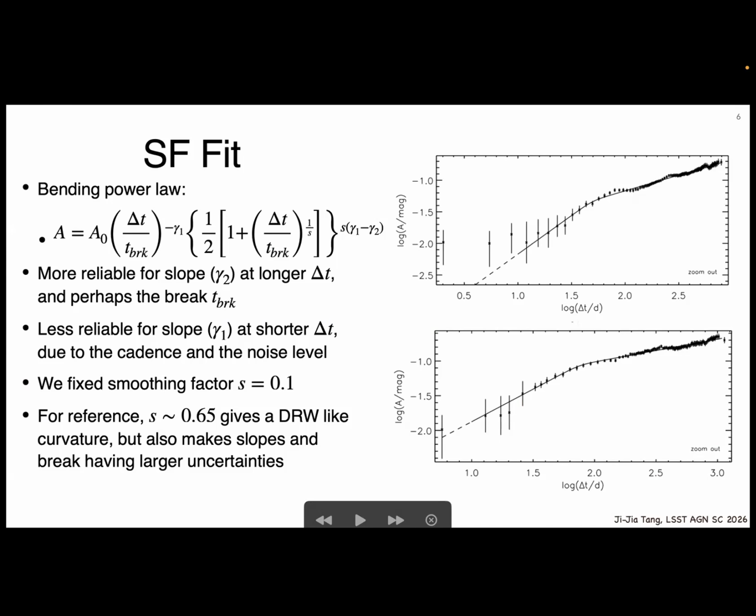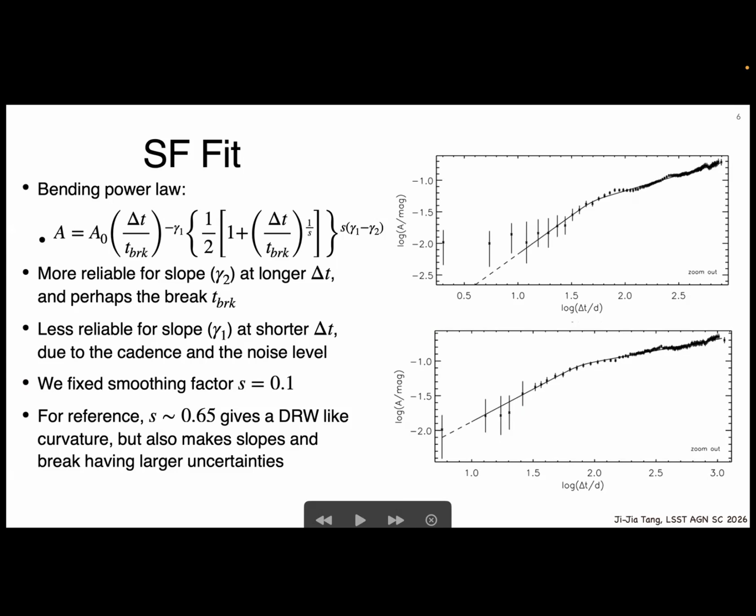Yeah, that's a great question. We have a sample with redshift spreading from 0.5 to 2.4, and our observed time span maximum is like 3 point something years, but at high redshift it's probably 2.6 something.